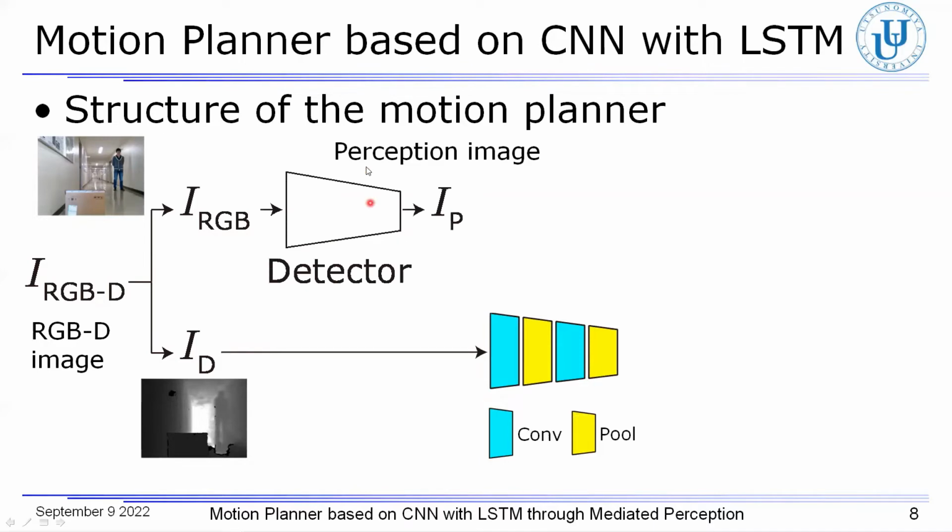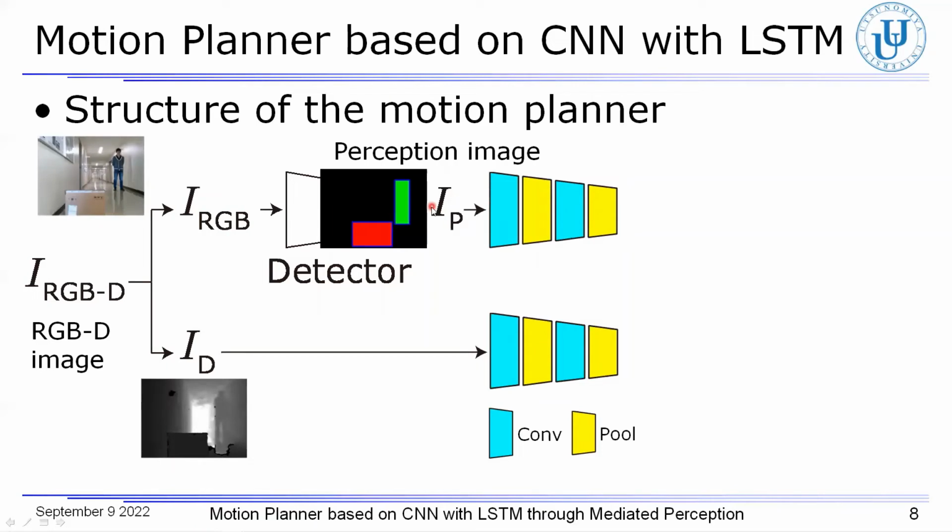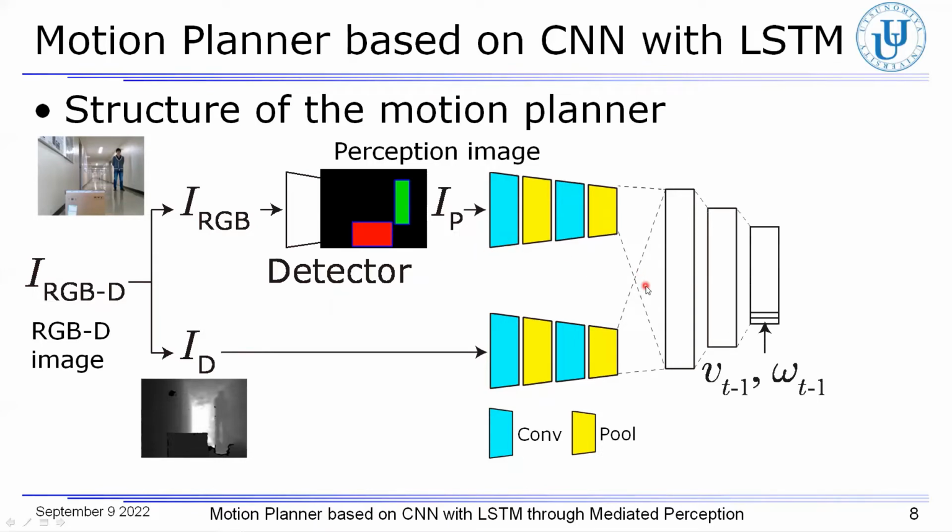On the other hand, a perception image is generated from the RGB image by the object detector YOLO. Then the perception image, represented as I_P, is fed as the input to the convolution and pooling layers. After that, extracted image features are flattened and concatenated into the fully connected layers. In the third layer, the linear and angular velocities of the previous step are fed as the input here.